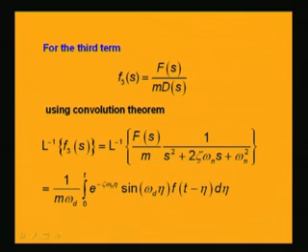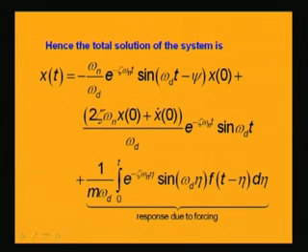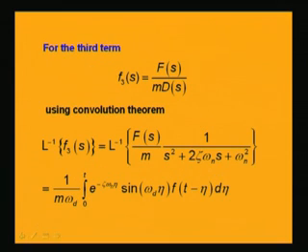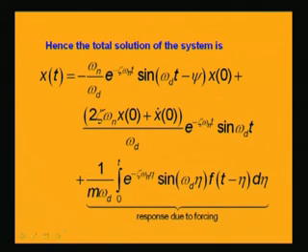Using the convolution theorem, it can be written as 1 by m omega d integral 0 to t e to the power minus zeta omega n eta sin omega d eta into f(t minus eta) d eta. Here eta is the dummy variable. So the total solution can be written as x(t) equal to the first term, second term and third term added.